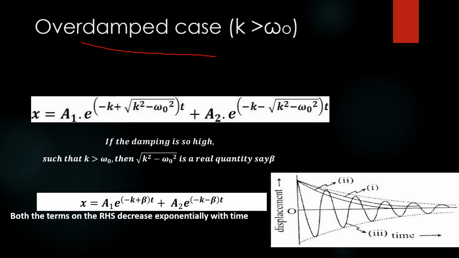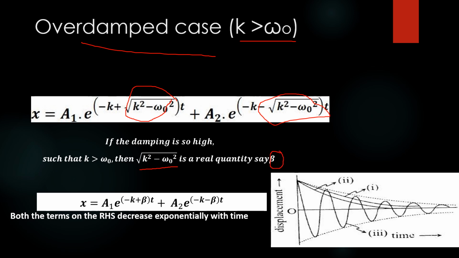Then we discuss the overdamped case when k is greater than omega 0. In the last case, that is in the underdamped case, hope you remember, for this term root of k square minus omega 0 square, we put it as i omega, whereas in this case, in the overdamped case, since k is greater than omega 0, it is quite obvious that if you take root of k squared minus omega 0 square, you will get a real quantity, and we call that real quantity beta.